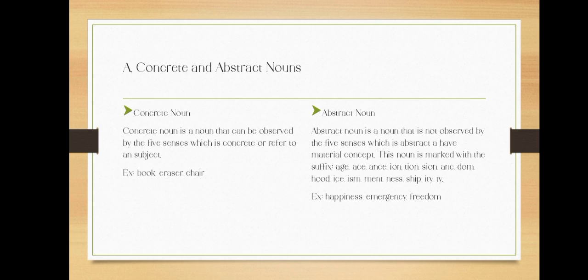An abstract noun is a noun that is not observed by the five senses, which is abstract, and has no material concept. This noun is marked with the suffixes -th, -ness, -ance, -ion, -ncy, -tion, -dom, -hood, -ism, -ship, -ity, and -t.